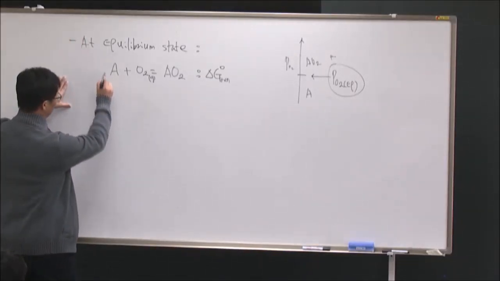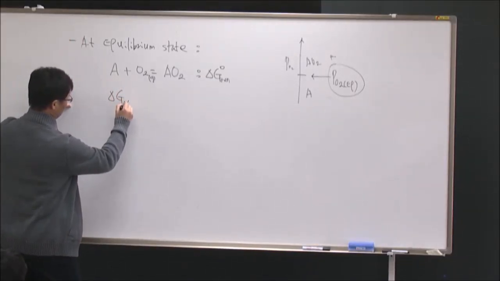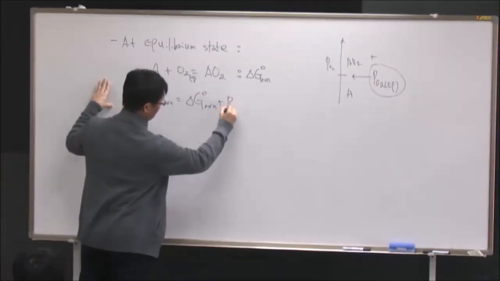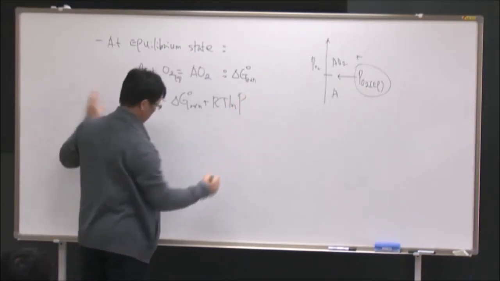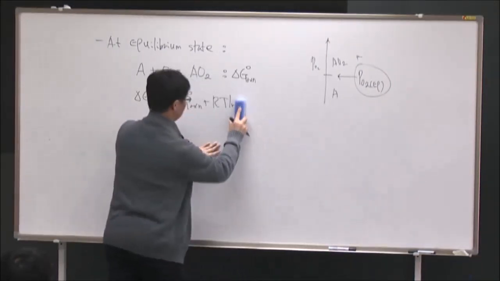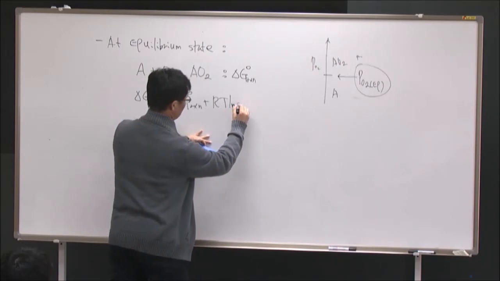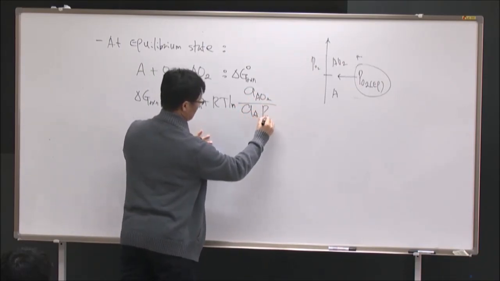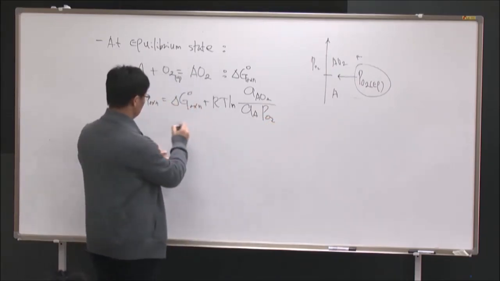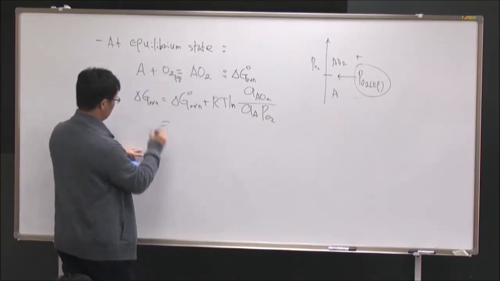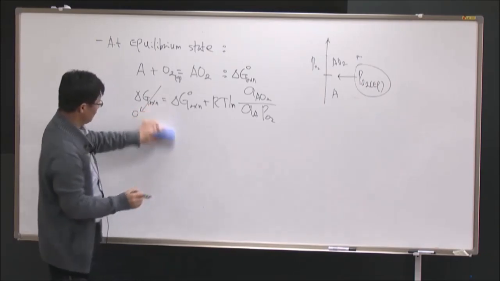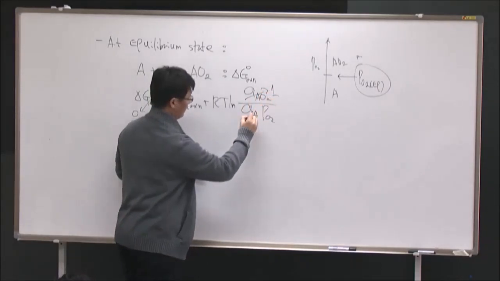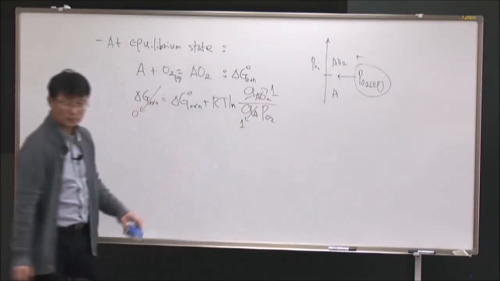So mathematically, we can derive this in this way. At equilibrium state, delta G of reaction equals delta G naught of reaction plus RT ln partial pressure of O2. And then at equilibrium state, this is 0, and this equals 1, and this equals 1.